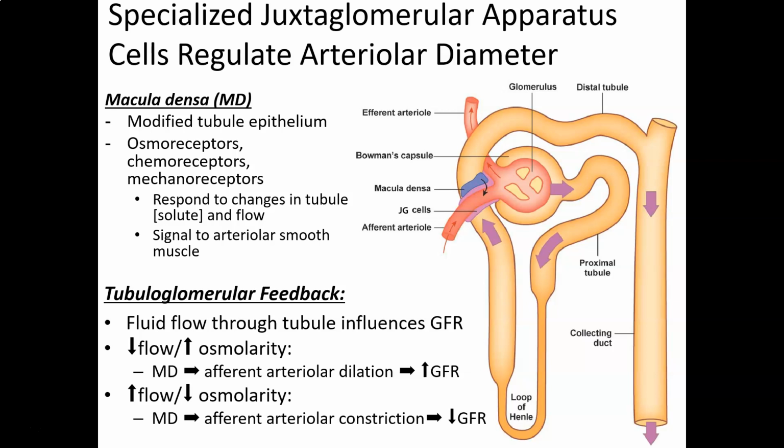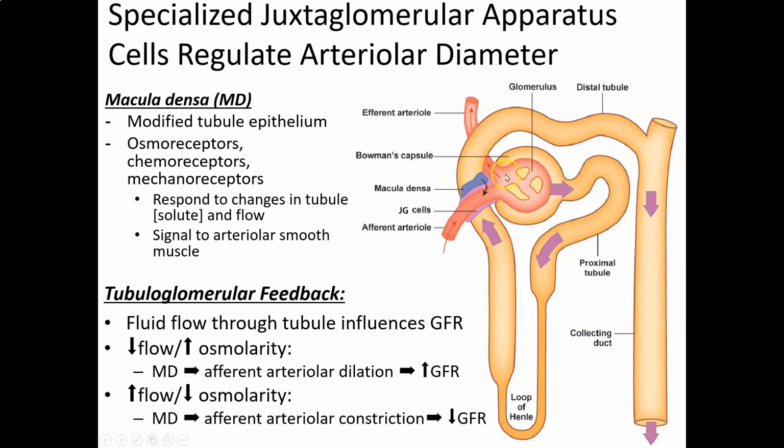So meaning that it had a lot of dissolved particles. If it's got a lot of dissolved particles, it could signal that there's not enough water there. And by stretching the afferent arteriole, that would increase the flow of fluid into the glomerulus, which would then give us more filtration pressure, which would give us a higher GFR, which would maintain a normal flow coming out.